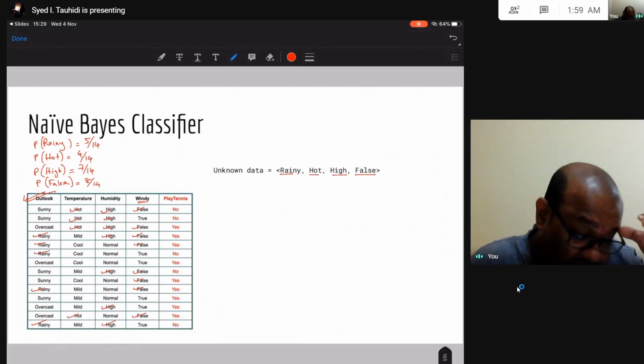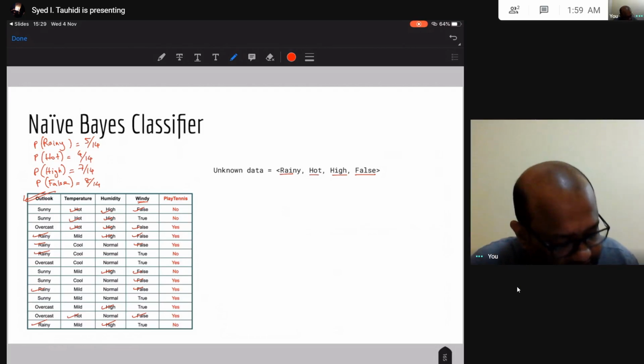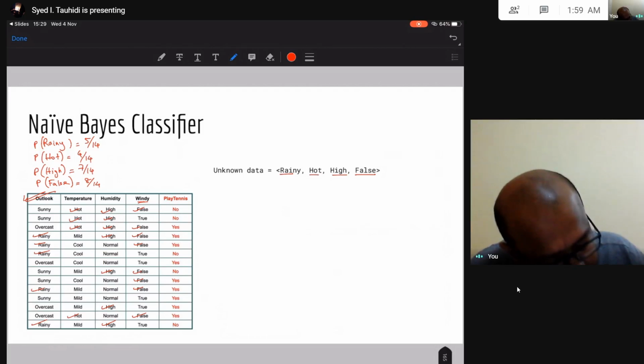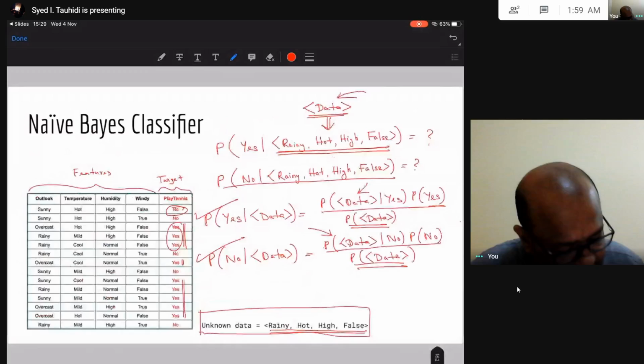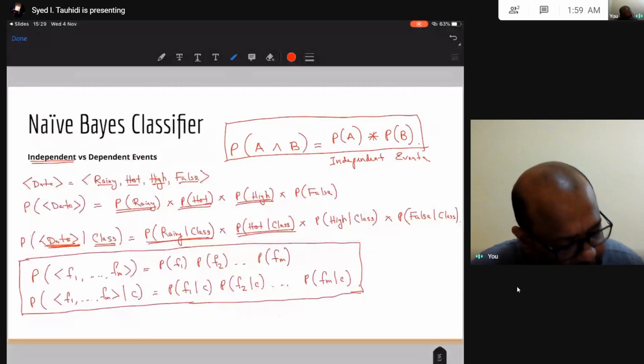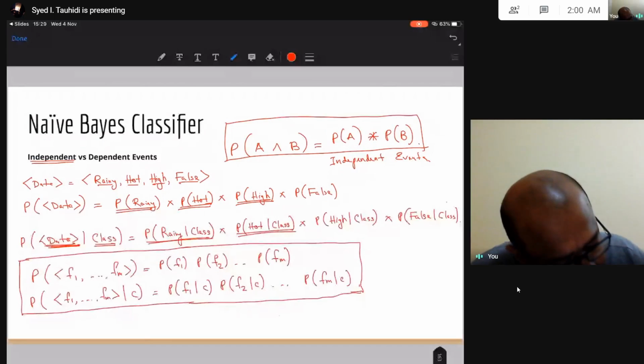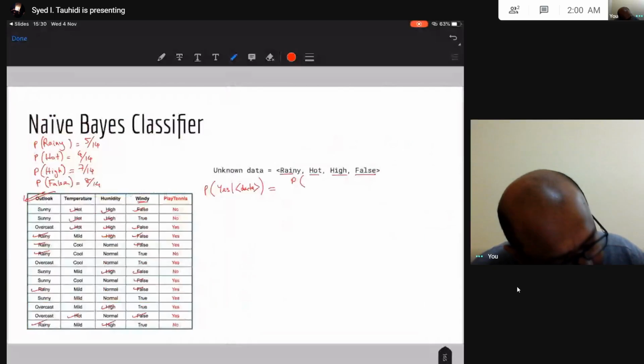Now let us try to calculate the probabilities. The probability of yes given this data is equal to, as we have already formulated, the probability of data given yes times the probability of yes, divided by the probability of data.